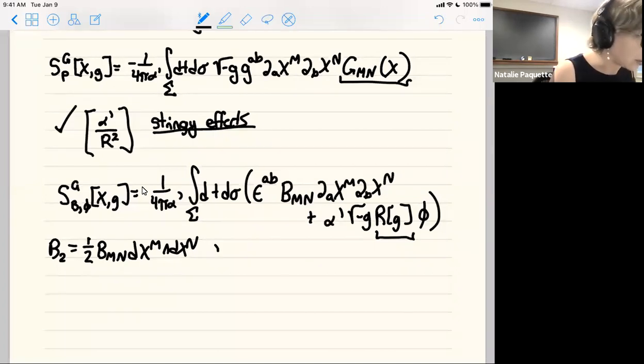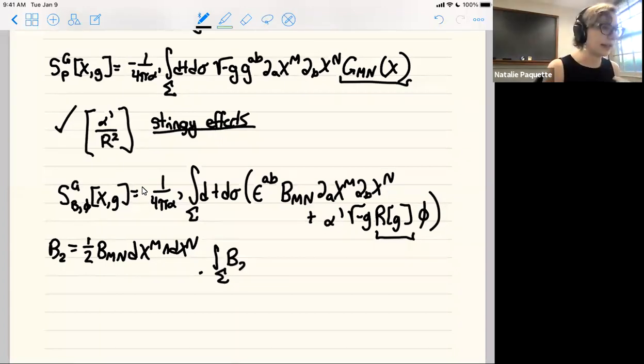So you can write that term in the action equivalently, up to the overall factor of 1 over 2 pi alpha prime, like this. And again, this kind of topological term is the sort of thing that you've seen before when you are thinking about coupling a charged propagating point particle with some closed world line to a one-form gauge field.